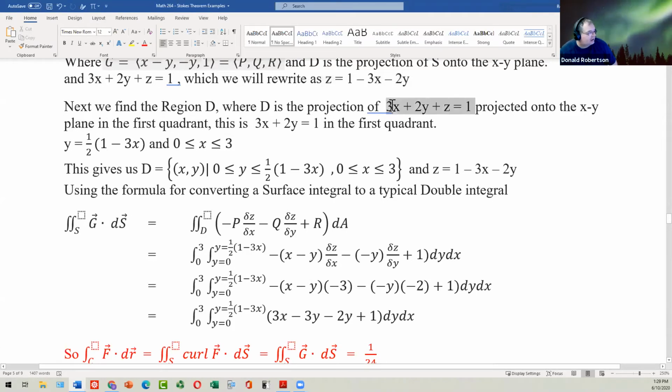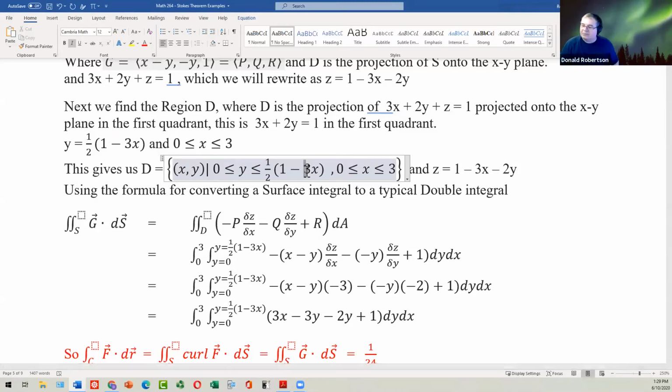Well, if you take this and you make z 0, that's how you get the projection on the floor, right? It's what the thing looks like when z is 0. And that turns into eventually this, which I'm now going to rearrange as that. Now there's some bits missing here, but can you imagine drawing the line y equals that? So it's a diagonal line. And basically it makes a little triangle. And the triangle goes from 0 to 3 on the x's and from 0 to a sloping line on the y. So you can imagine the classic little right angle triangle thing that you typically get.